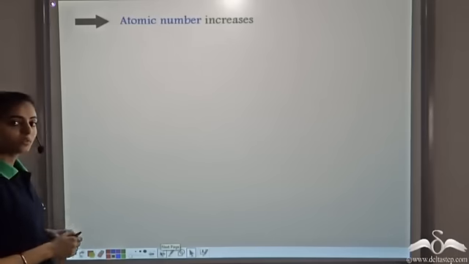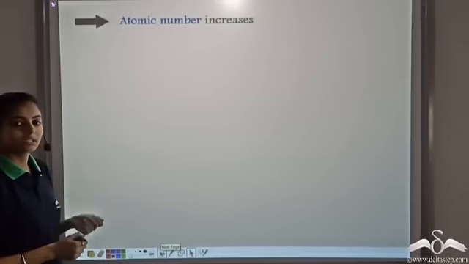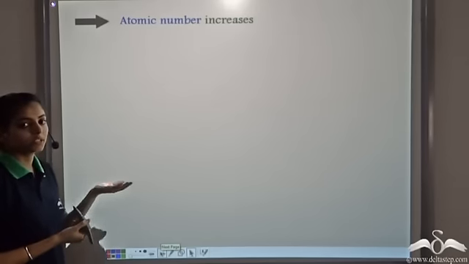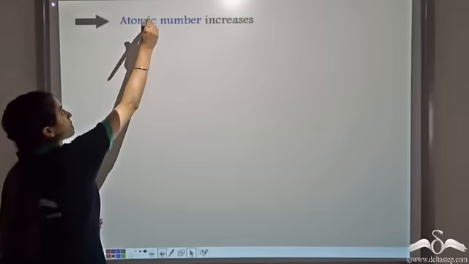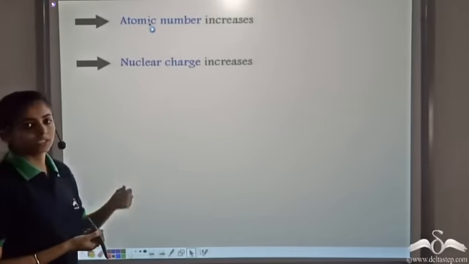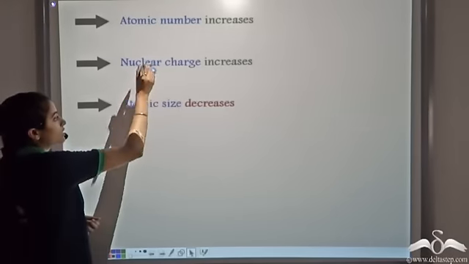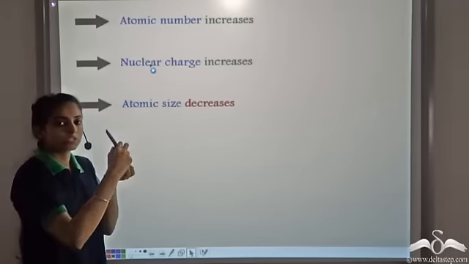So let's revisit what happens when we move from left to right in a period. The atomic number increases because we know the periodic table is arranged in increasing order of atomic number. As the atomic number increases, the nuclear charge increases. This nuclear charge leads to the greater pull of the outermost shell towards the nucleus.